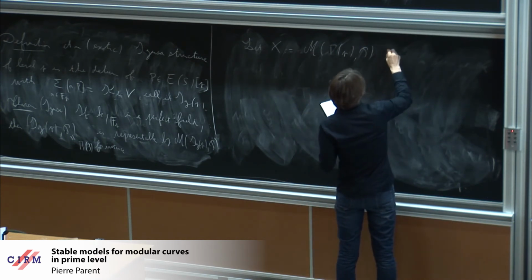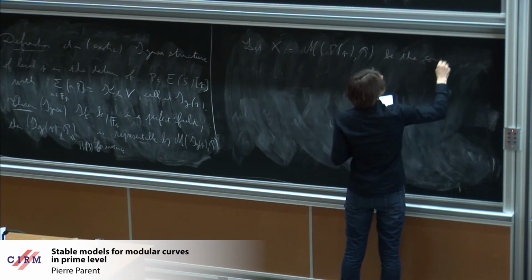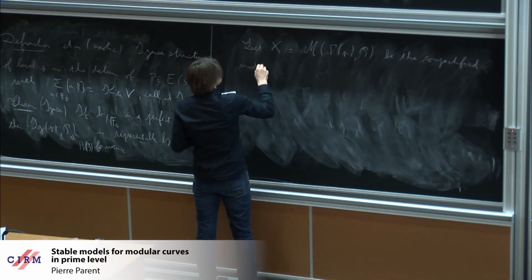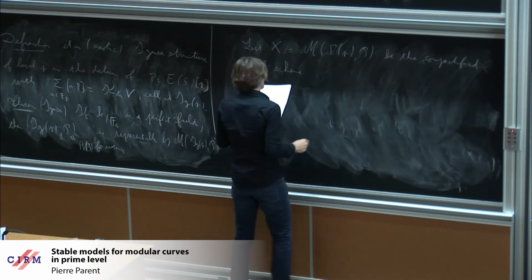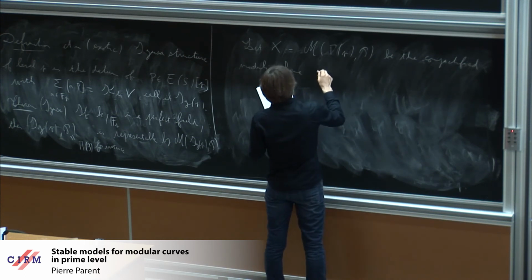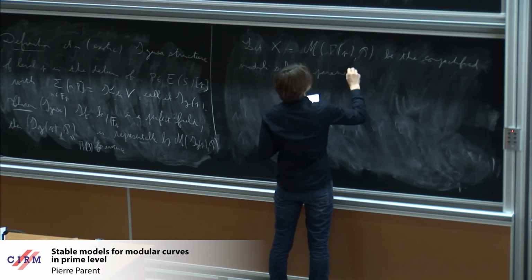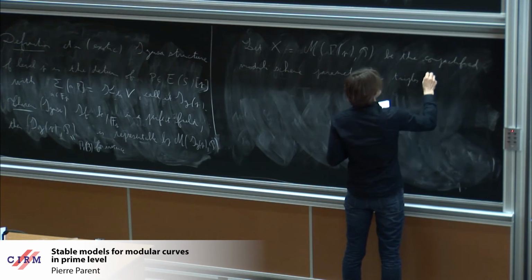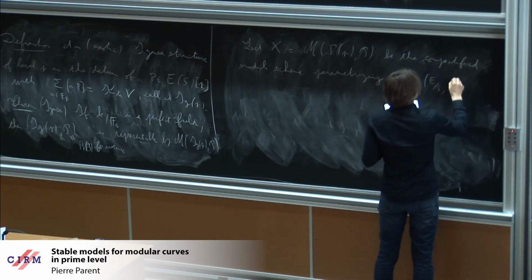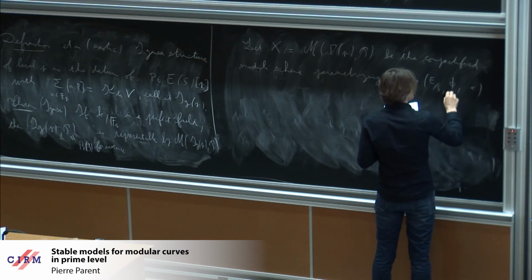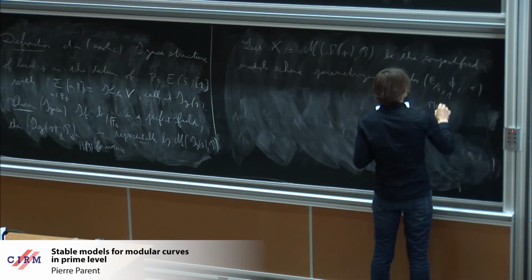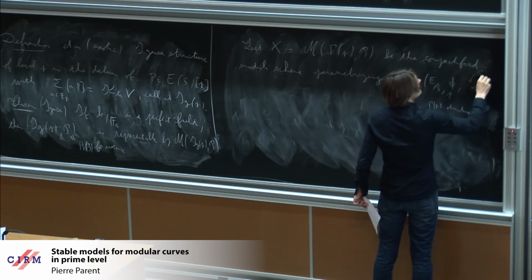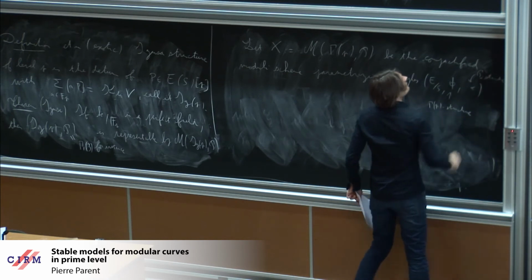Let this be the compactified moduli scheme parametrizing triples E, phi, and alpha. So phi is a Gamma(P) structure. And alpha is a P structure, but again, it is just here to make life simpler.